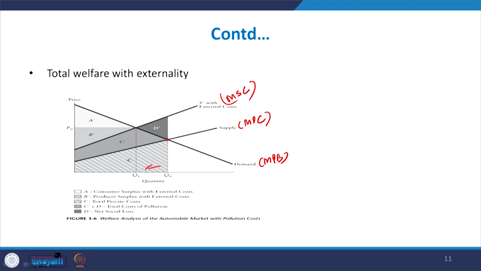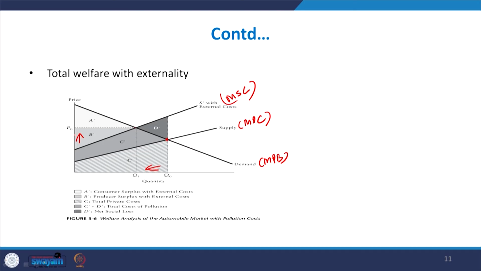You can see quantity declining and price going up, which also affects the consumer surplus, but at the same time a net gain to the society is achieved.